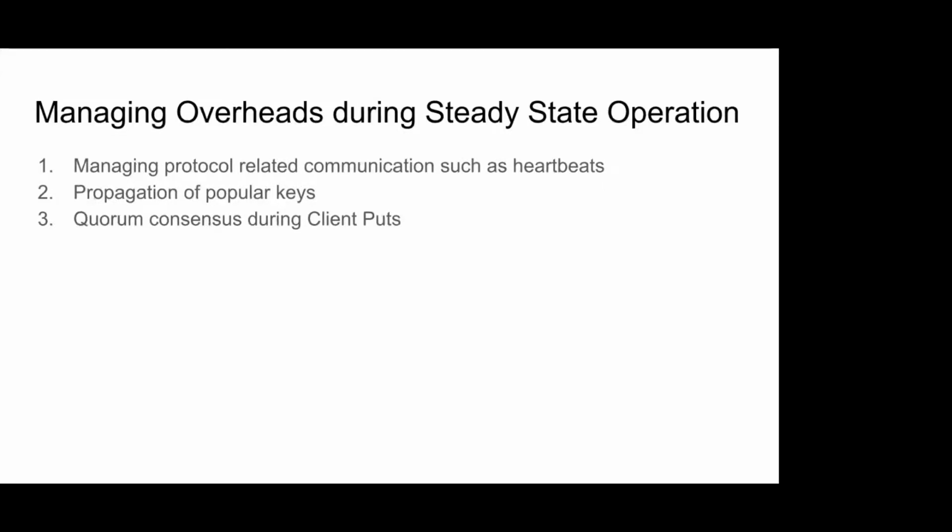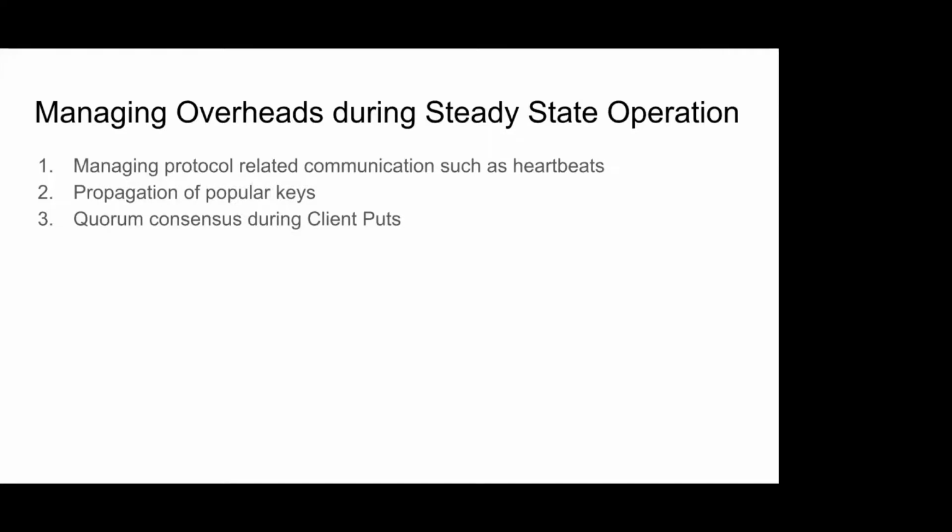During steady state operation, there are certain overheads that are apparent. First, there is a lot of protocol related communication that happens along with replication. The paper states that any protocol related communication such as heartbeats is piggybacked on top of the write RPCs, the write calls, for the client put requests whenever possible.